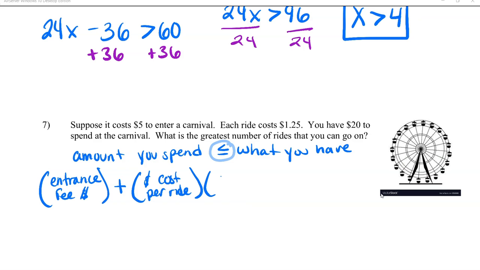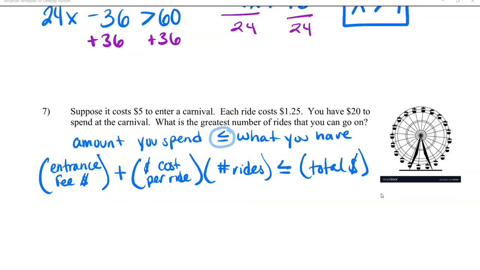We would multiply this times the number of rides we go on. And that needs to be less than or equal to our total amount. So we know the entrance fee, we know the cost per ride, we know our total, we just don't know the number of rides. So that's what X represents.